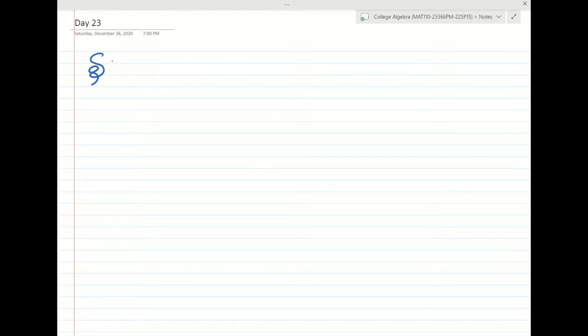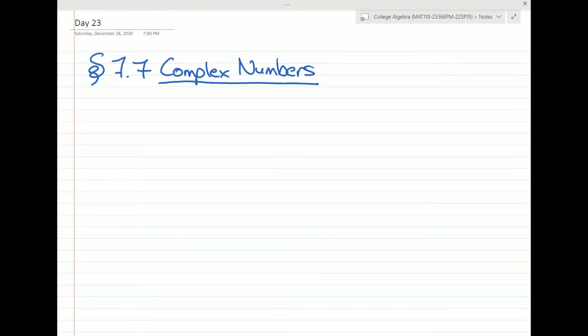Section 7.7 is called complex numbers. Complex doesn't mean hard, it just means a different type of number. So in general, we have numbers.